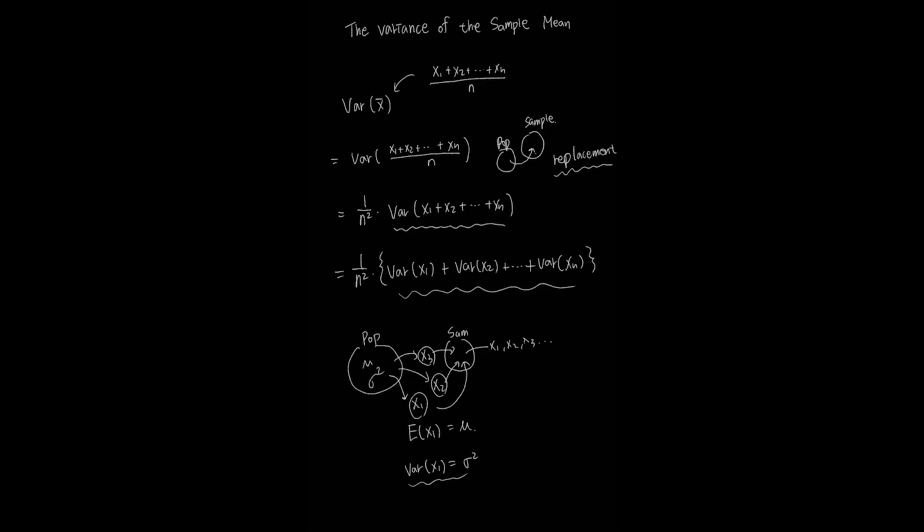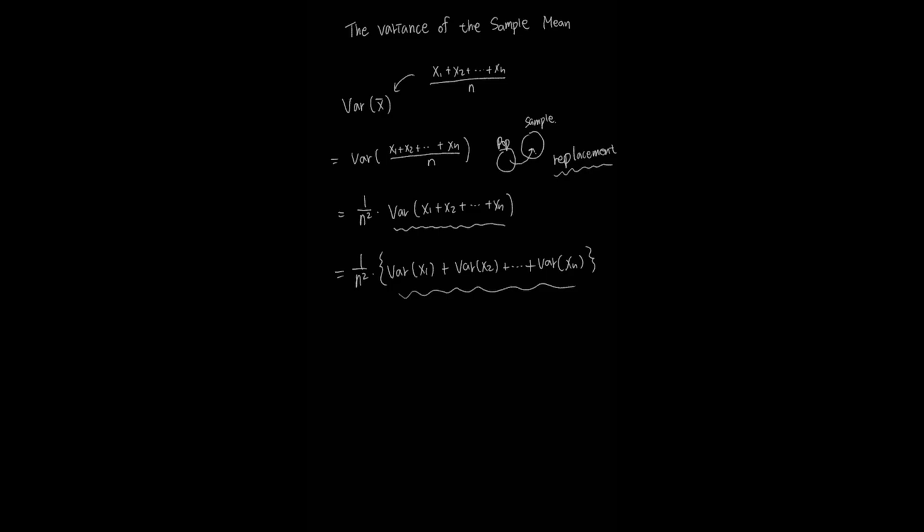So when we pick one element from the population, the expectation is the same as the population mean, and the variance is the same as the population variance.